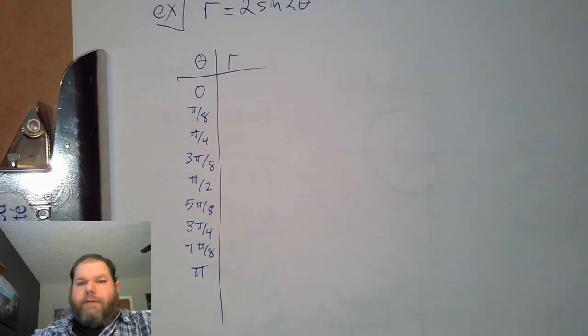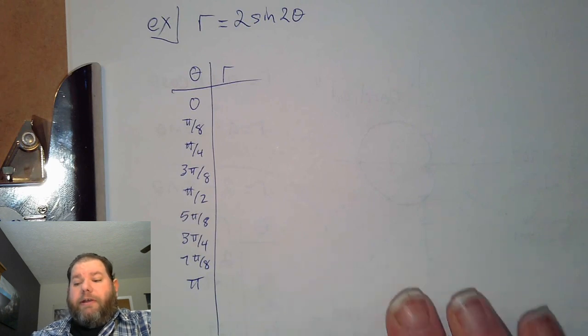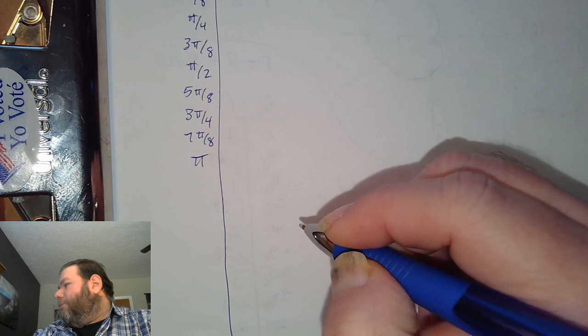Let's see what that gets us. May not be enough. We may have to keep going all the way to 2 pi. Actually, I suspect we will go all the way to 2 pi, so I might as well do it now.